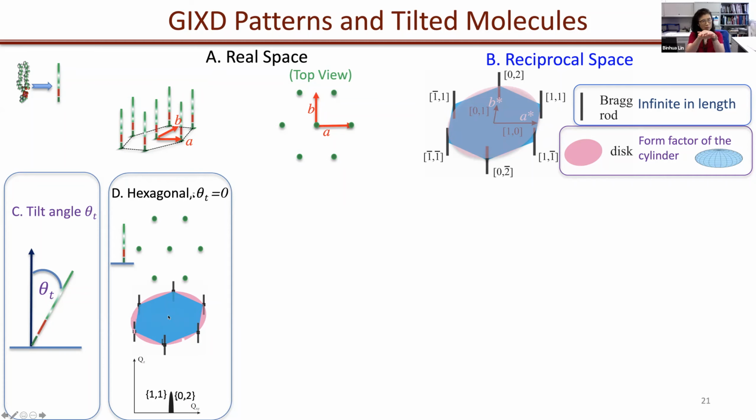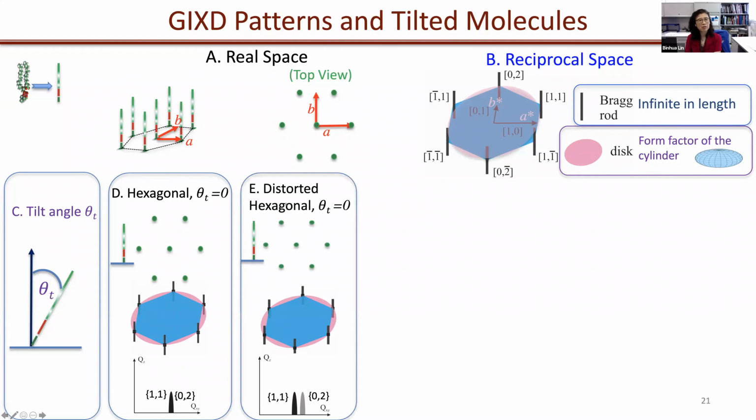They're all flat, and so the pink disk cuts the Bragg rod at the horizontal, and you see one peak. That's because it's 6-fold symmetry and gives you all 6 spots at the same place. The reason you only see half the peak is because the other half is under the blue plane. Anything under the blue plane, meaning under the water, you can't see. So you get half of that.